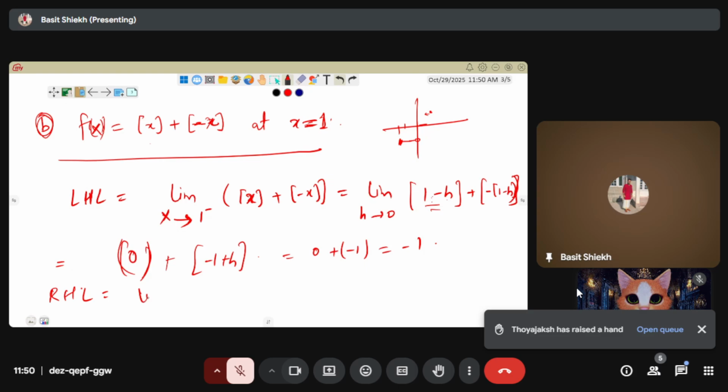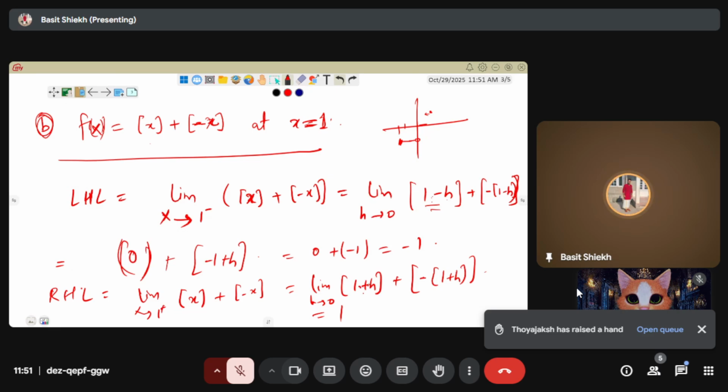so limit x going to 1 plus, limit h goes to 0, of 1 plus h plus minus times 1 plus h. This will go to 1 only, towards the right of 1.